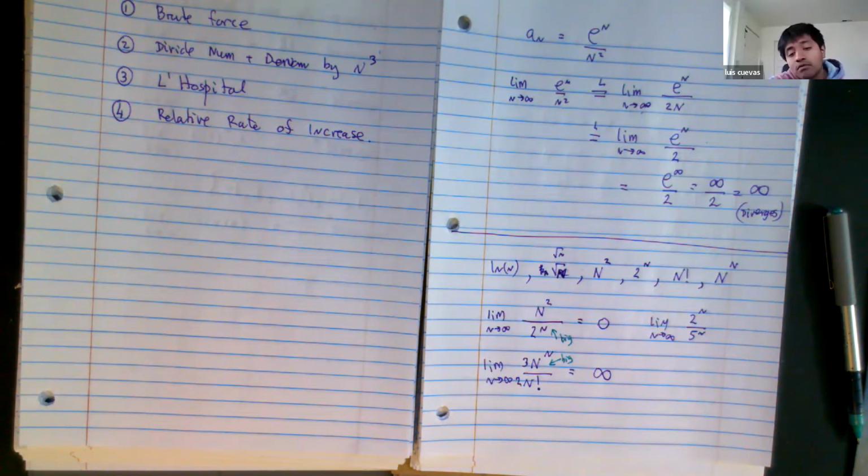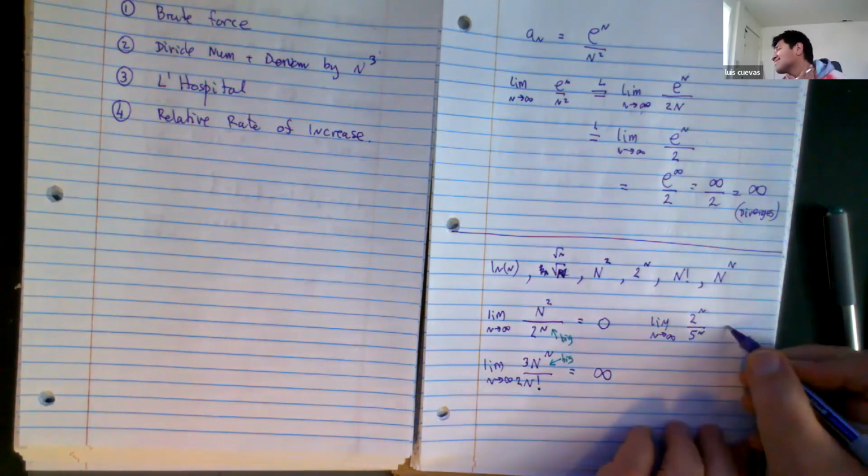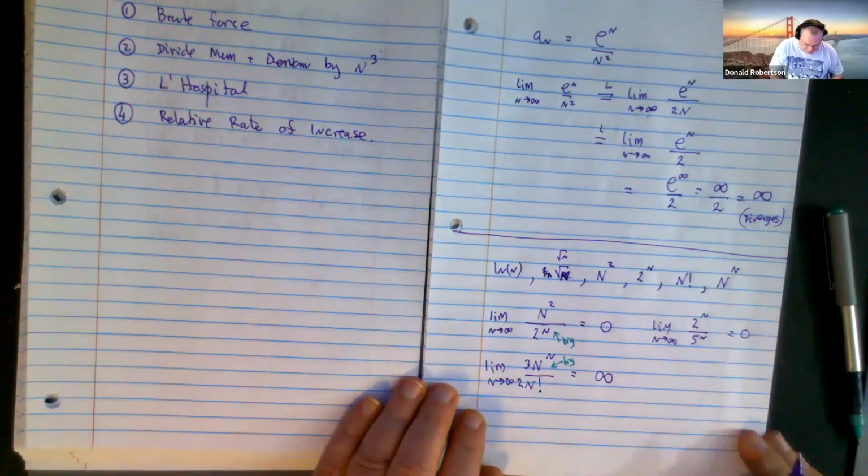And if he's on the top, the answer's infinite. Who's the biggest between 2 to the n and 5 to the n? 5 to the n, right, and it's on the bottom, agreed? And if it's on the bottom, what's the limit going to be then? 0. Now let's do a few cosmetic tweaks to this.